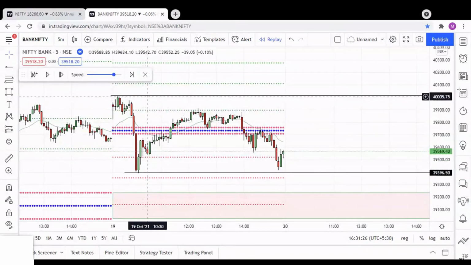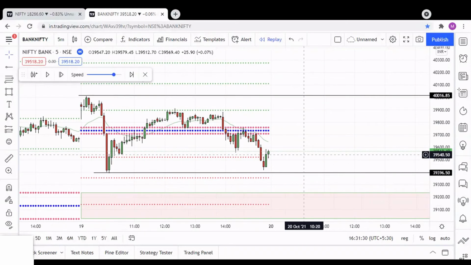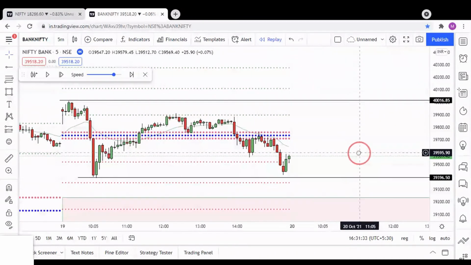So this PDH and PDL will be very strong supports and resistance at this point. So these are the important supports and resistance. Let me play the candles now.